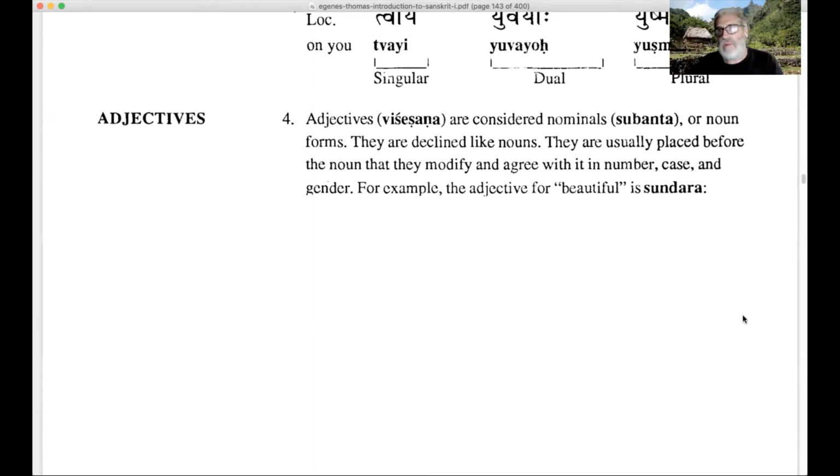That means a noun. A noun is a subhanta. Anything that has these endings put on it is a subhanta, a noun. So adjectives are also nouns. Just like verbs have the verbal endings put on them. Verbal endings in Panini are called ting, because ting represents tip tas anti, sip thas tha, mip vas mas, like that.